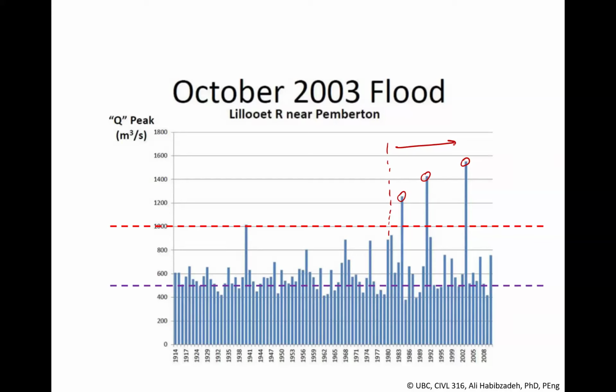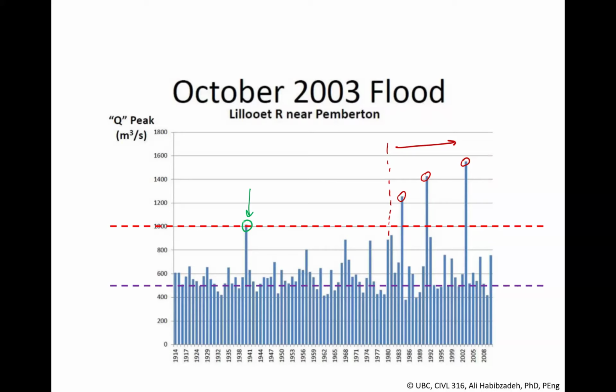We need probabilities. And this is where this connects to the codes and guidelines. The codes and guidelines say that if you have a major structure and you're designing a bridge on this river, you have to design it for a 200-year flood, whatever that is. And that number is going to be something bigger than what we saw in the past, and that hopefully will capture these three peaks that we have.